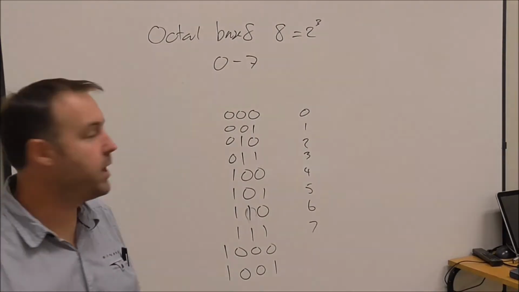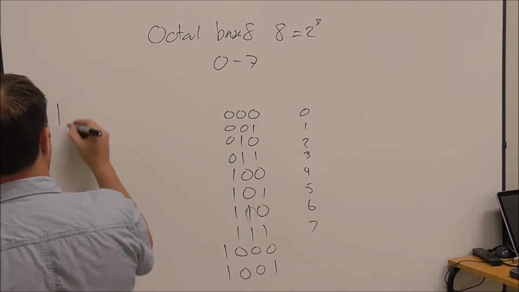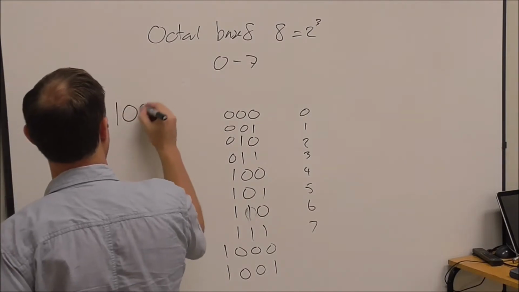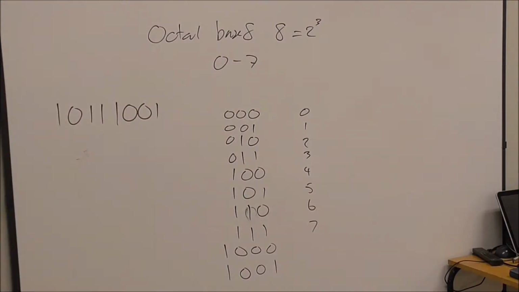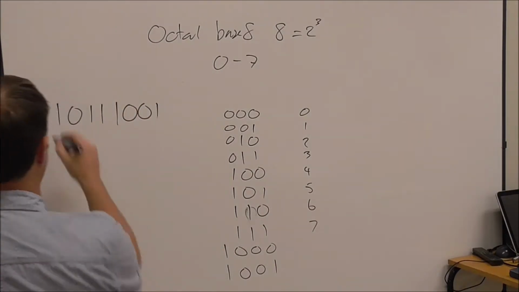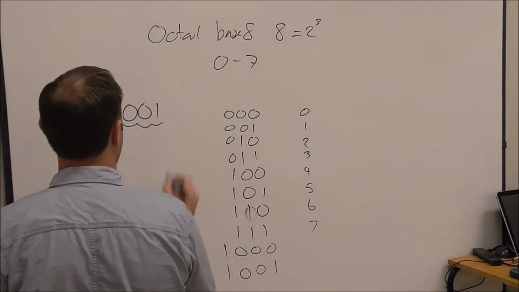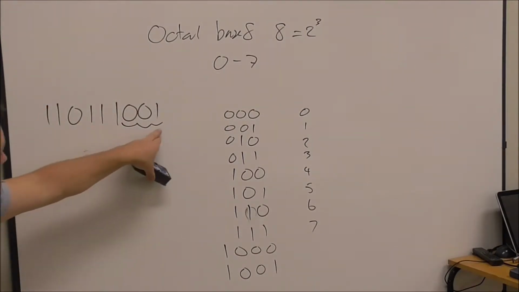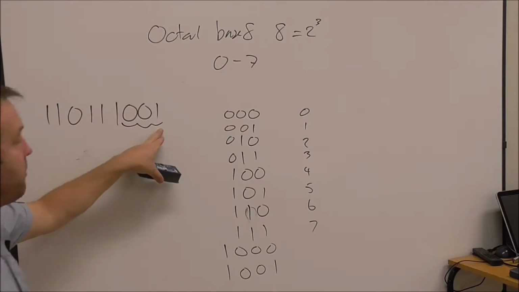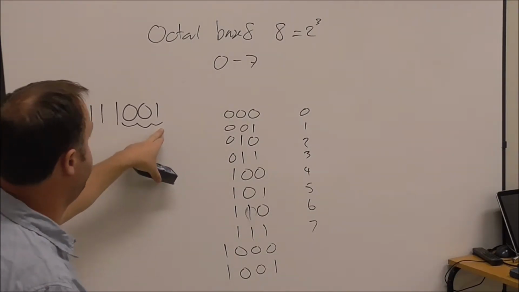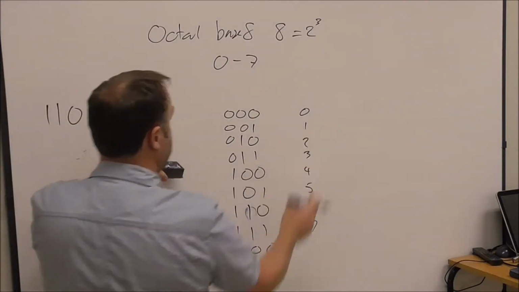If I have a binary number, let's say I've got 1, 0, 1, 1, 1, 0, 0, 1. That's my binary number. So let's put another one there. Binary number with 9 bits in it. What I can do is I can group into groups of 3. That group of 3 there, starting from the far right, corresponds with this numeral in octal.